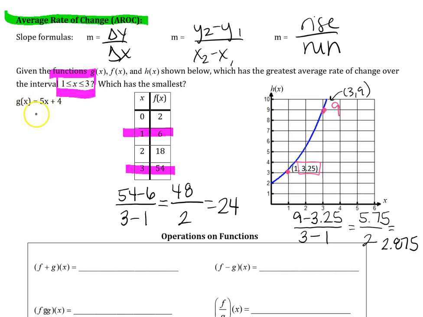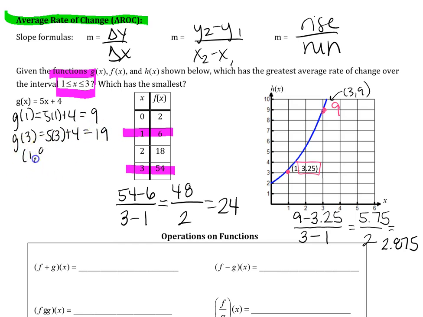And lastly, a couple things you could do. You could either evaluate the function at the values you need, which I tend to do only because I think I'm faster this way. So I get 9. 15 plus 4 is 19.